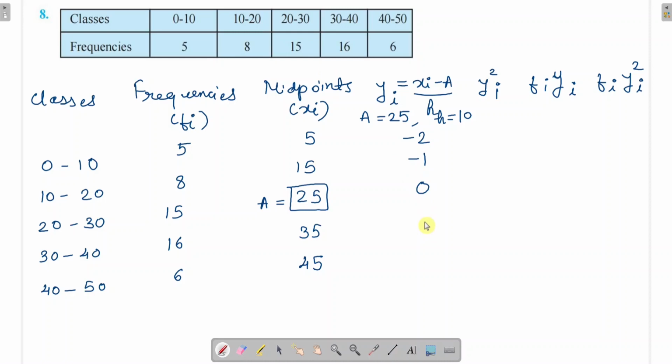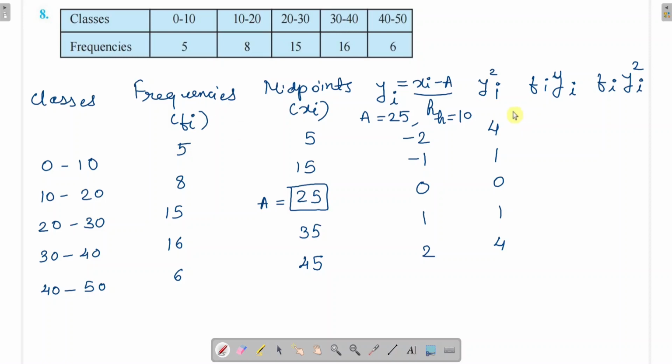Then 35 minus 25 by 10, which is 1. Then 45 minus 25 by 10, which is 2. Then yi square: minus 2 square is 4, minus 1 square is 1, 0 square is 0, 1 square is 1, 2 square is 4.